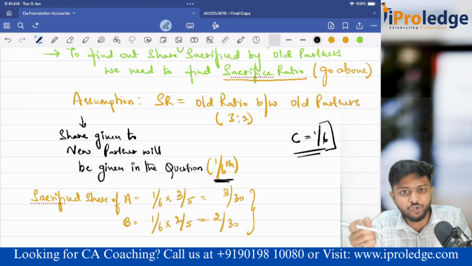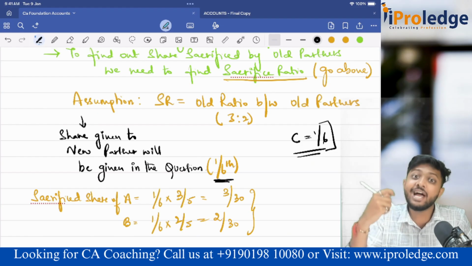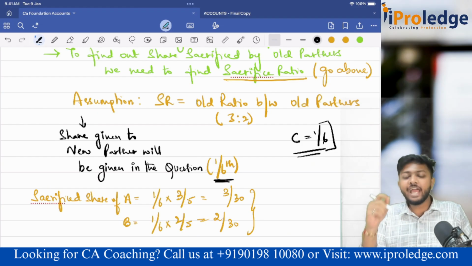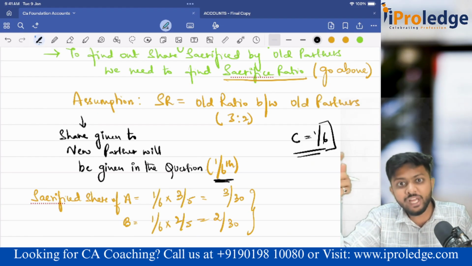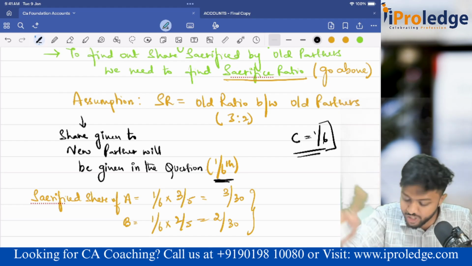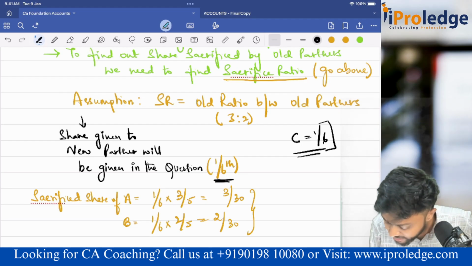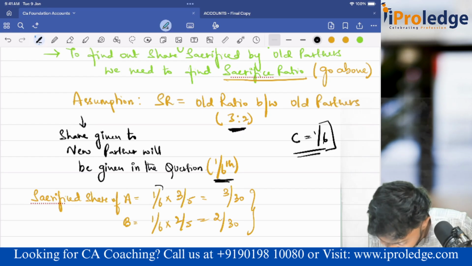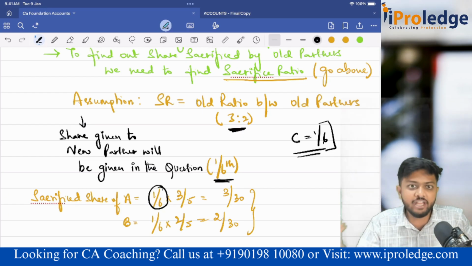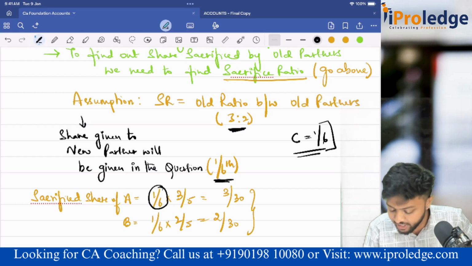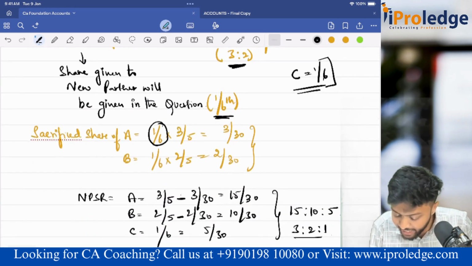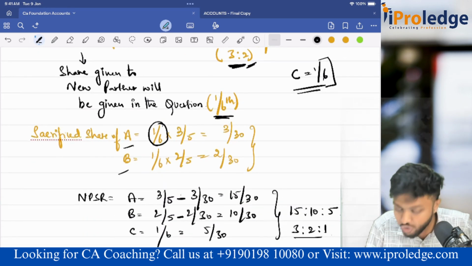How did we get 3:2? I am asking you to take the assumption that the sacrifice ratio is the old ratio only if they have not given anything in the question. So my sacrifice ratio is 3:2. That means this 1/6 new share given to the new partner is sacrificed by A and B in their sacrifice ratio, which is 3:2.